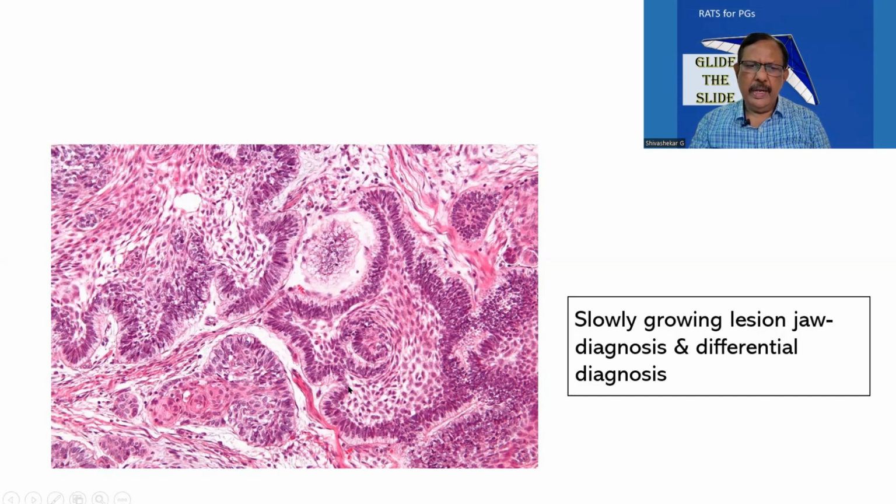There is a lining epithelium. In this magnification, that is the maximum I can say. There is a lining epithelium, and then there is a supporting stroma, which is somewhat squamoid in appearance. And supporting the entire tumor will be a loose fibrocollagenous framework. This much I can make out.